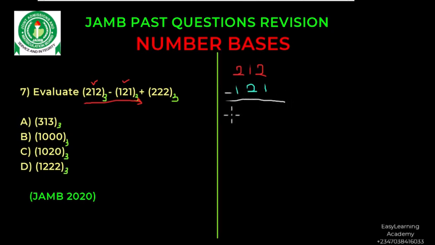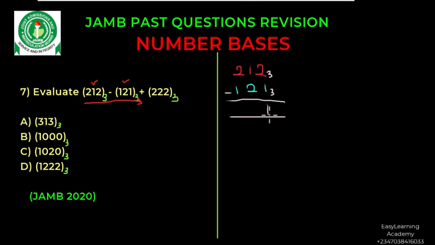Don't forget that everything we are subtracting is in base 3. So 2 minus 1 in base 3 is still 1.